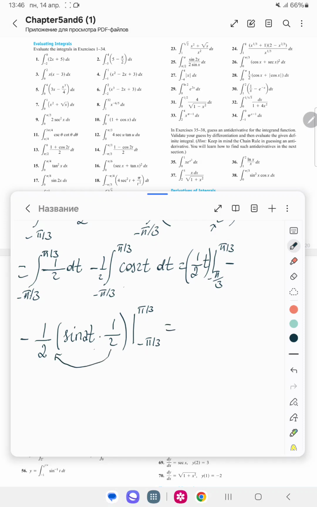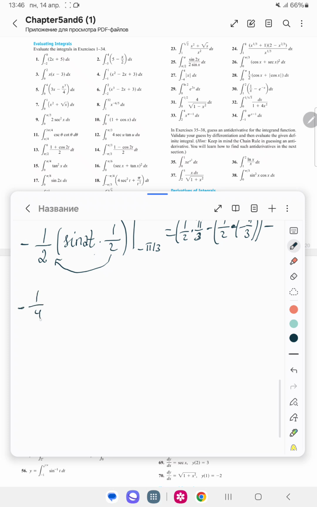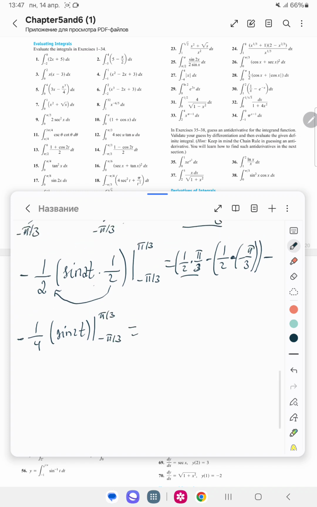So what I will get, we have this 1 over 2. Instead of t, I will write pi over 3, minus 1 over 2 times minus pi over 3, minus 1 over 4 sine 2t from minus pi over 3 to pi over 3. So here I have pi over 6 plus pi over 6.